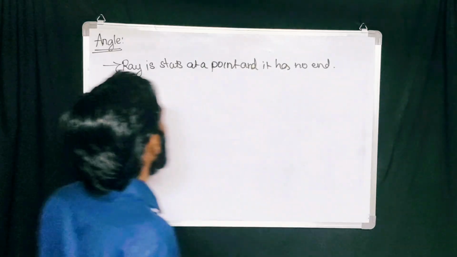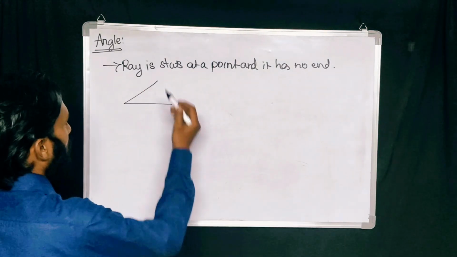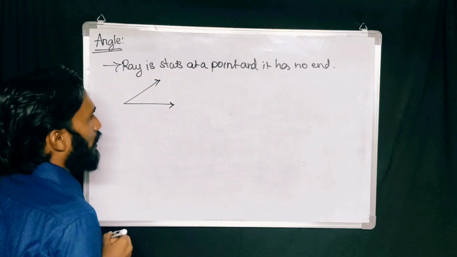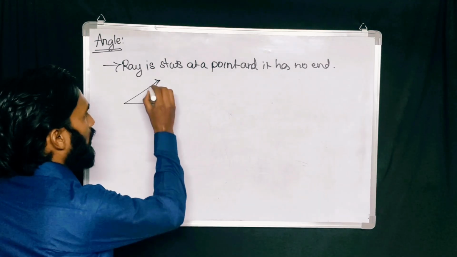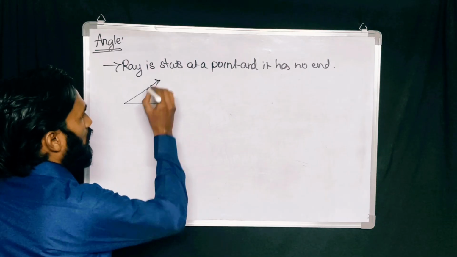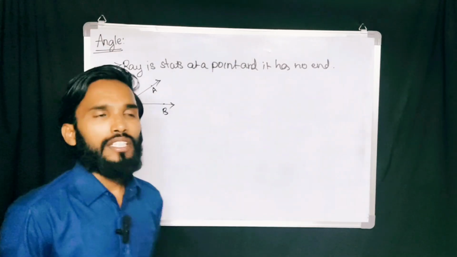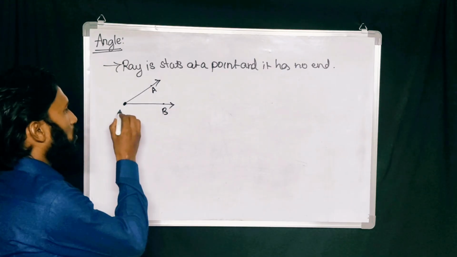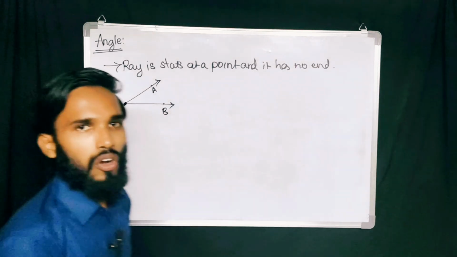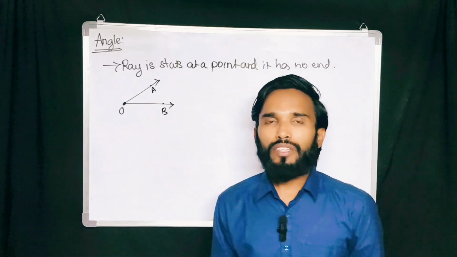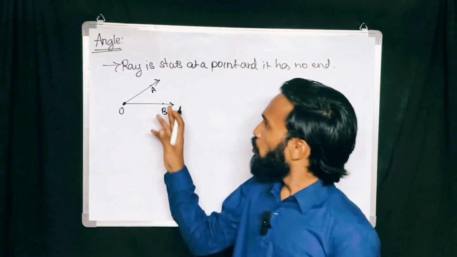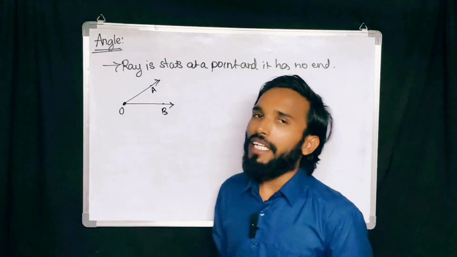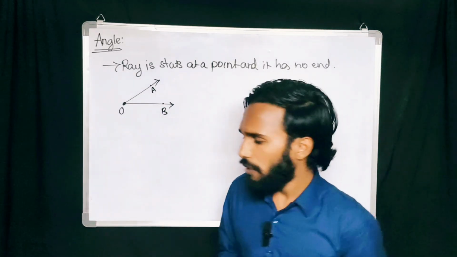For example, see here, I am taking this; this is one ray and this is another ray. I will call this ray B, and this I call ray A. These two rays are meeting at a common point, which is called O. The angle is formed when two rays meet at a common point.